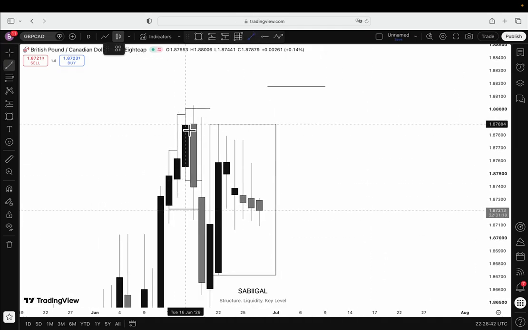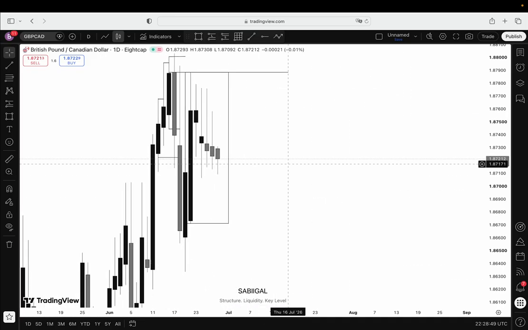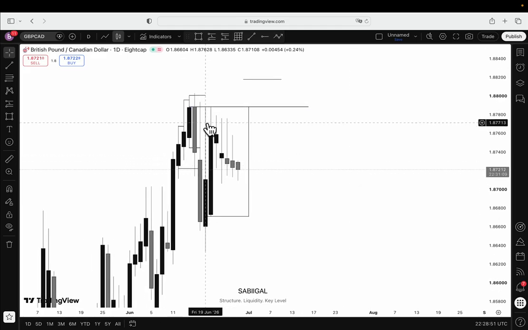Now most things I teach you guys are based on my personal study. Do you understand? This thing I'm explaining now is based on my own personal study. Now you can see that it came back here, because the nearest point of interest it could see is this one here, and that's where it rejected from, and then it started selling, and we had these other entries to continue from.